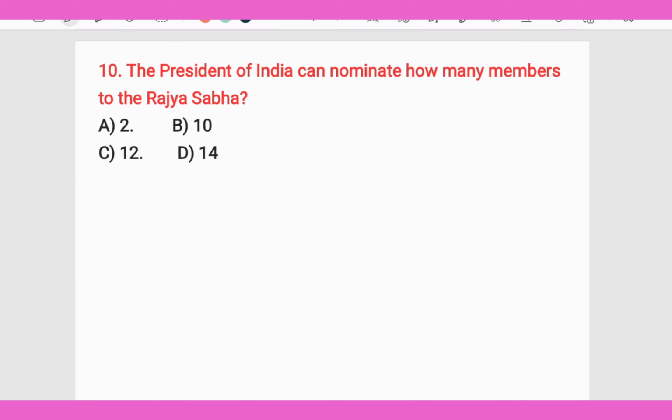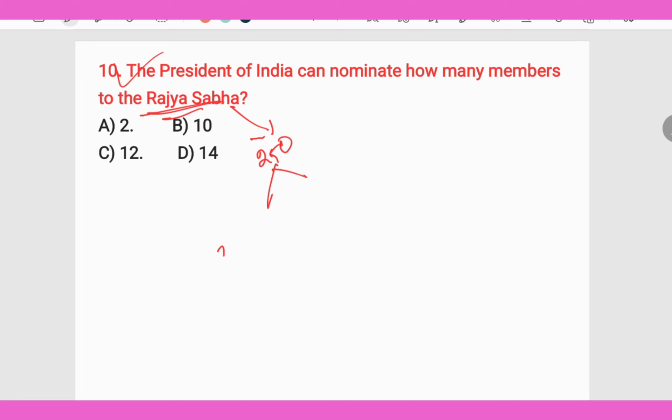The next question is, the President of India can nominate how many members to the Rajya Sabha? Generally, the total seat of Rajya Sabha is 250, maximum strength of 250.